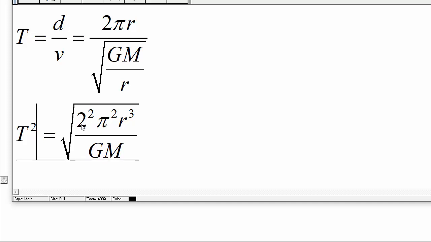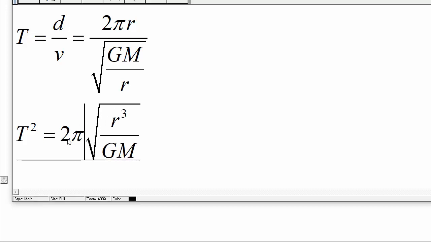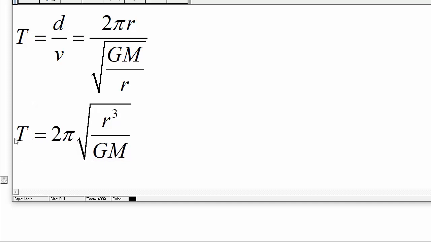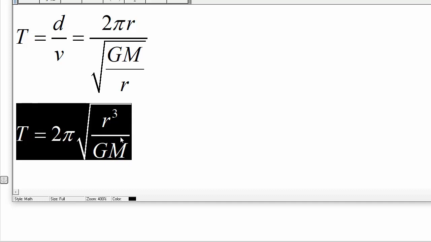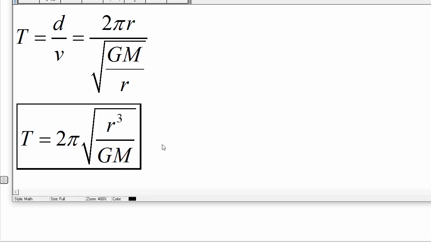And since 2 is squared and pi is squared, I can pull them out of the root symbol simply as 2 pi. And here's our period formula for a satellite. Period equals 2 pi square root r cubed over GM.